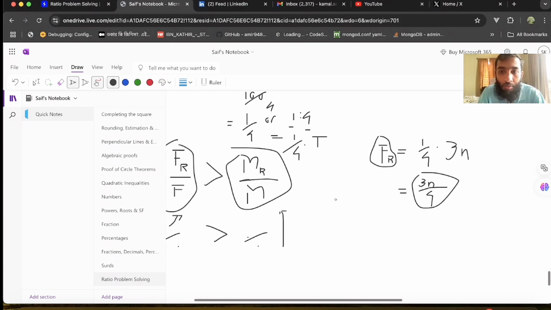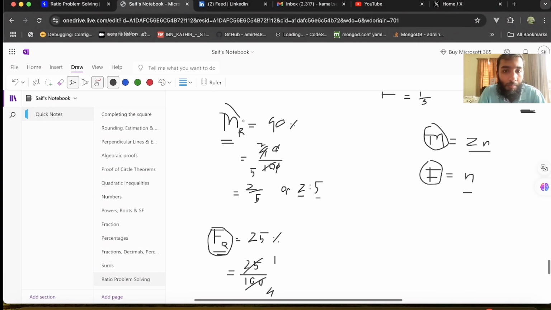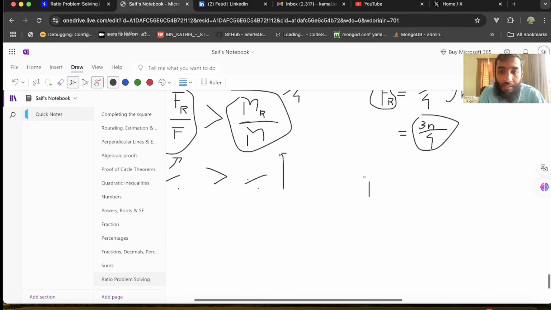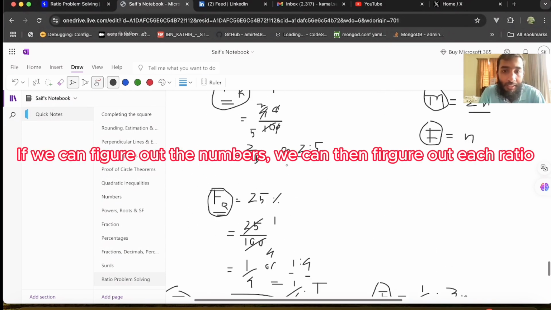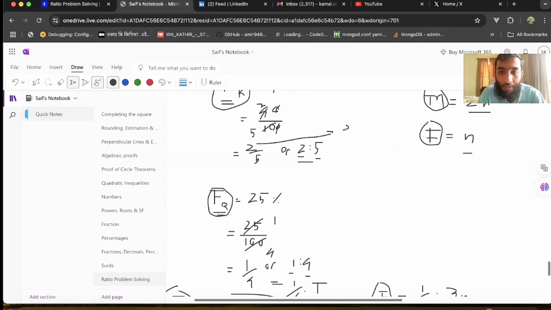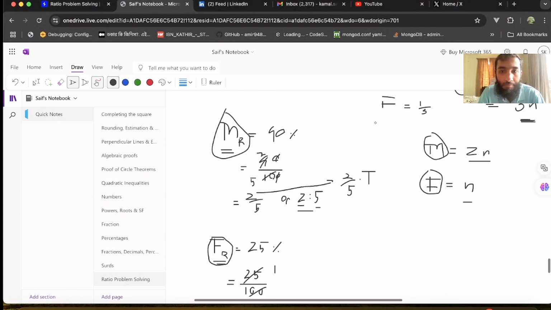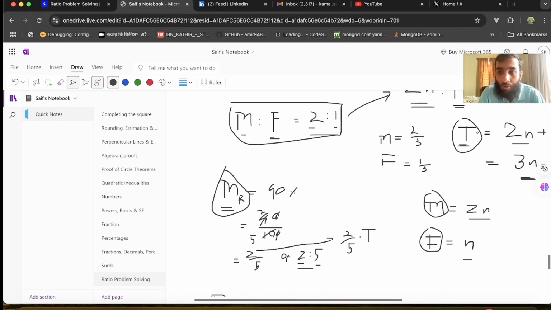So we can also now figure out the number of right-handed males. We know that the right-handed males are 2/5 of what? This can be represented as 2/5 of the entire population, or T. So T is what?